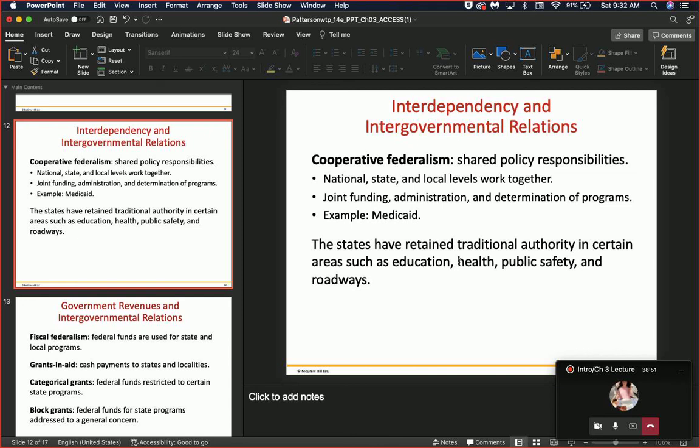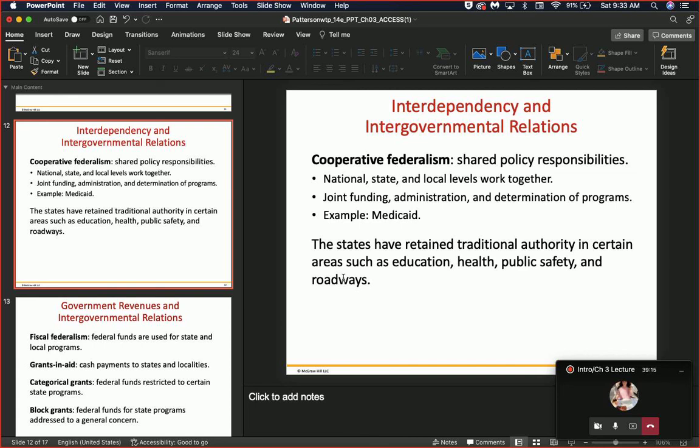And that is an illustration of the state's power to really regulate the health issues within its borders. Public safety, so there's different laws, right, whenever it comes to how to obtain your driver's license and that sort of thing within state borders. And then also the maintenance of roadways. How are they going to take care of their roads?